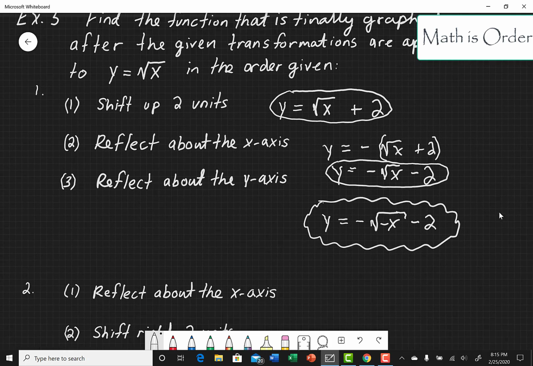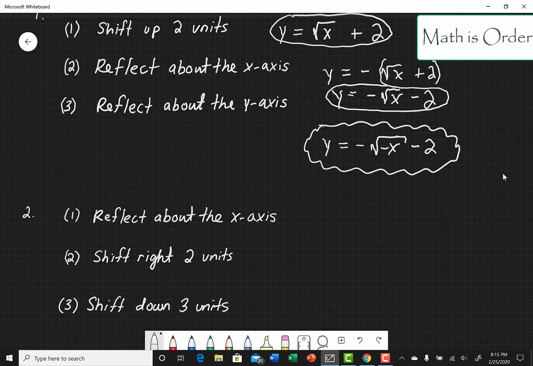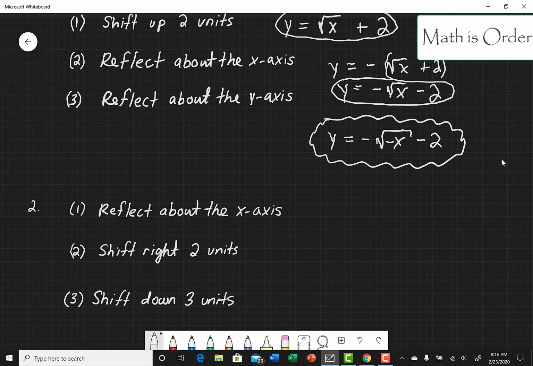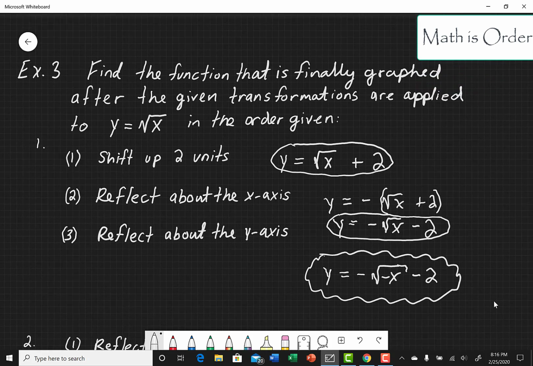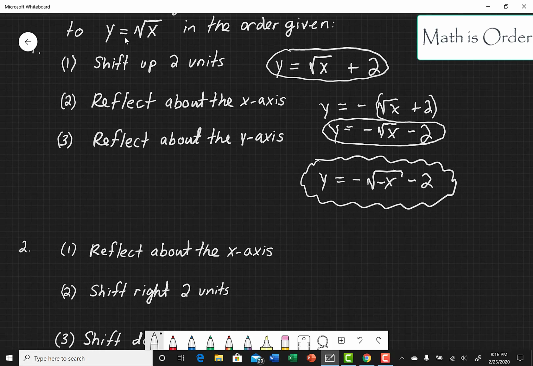All right, let's do one more problem related to this. So again, here we're starting from y equals square root x, like we had before. And now we want to perform these transformations in order. So we do a reflection about the x-axis like before. We just multiply the y coordinates by negative. So this is going to become y equal negative square root x, right?